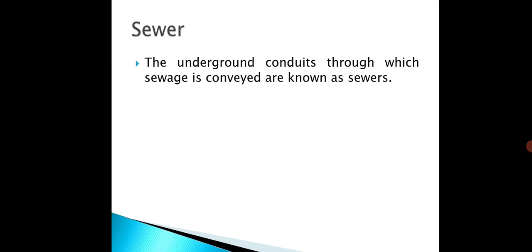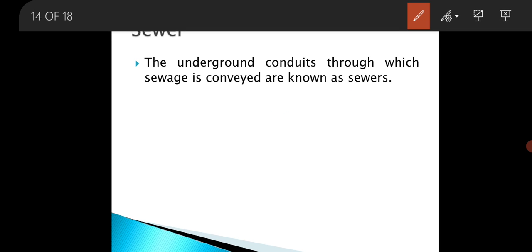Then we will discuss the next important term, that is sewer. Sewers are the underground conduits through which sewage is conveyed or carried. Similarly, as in the case of water supply, the pipe is a conduit which will carry the water.